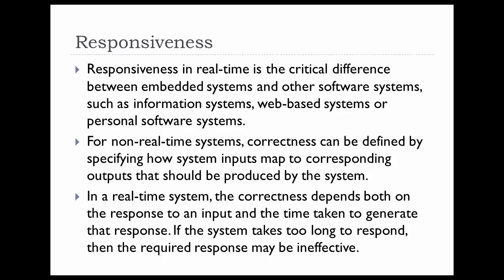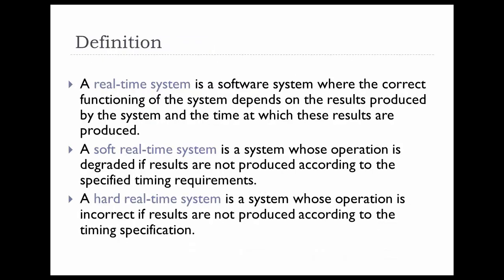In a real-time system, the correctness depends both on the response to an input and the time taken to generate that response. If the system takes too long to respond, then the required response may be incorrect.